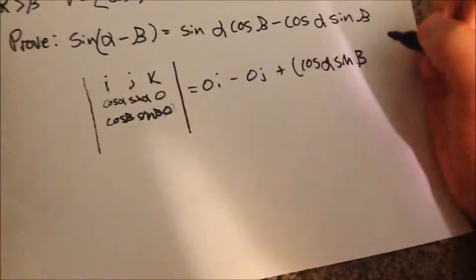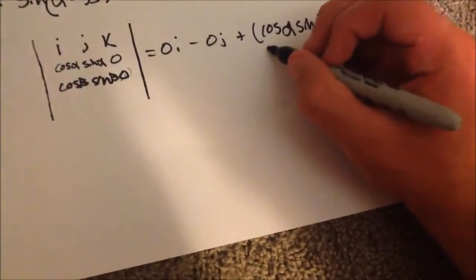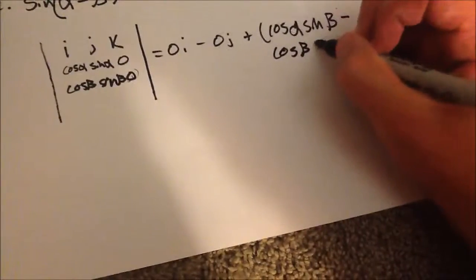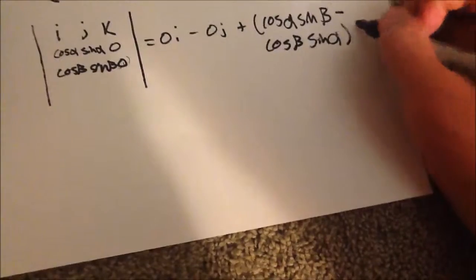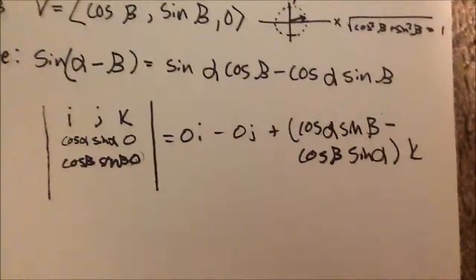And that K value is cosine of A times sine of B minus cosine B sine A. And there we go. That vector, because of an identity of cross products, is going to be orthogonal to both of these, which means that it has a z value and no x or y value.